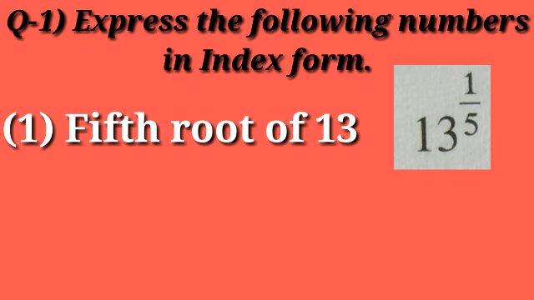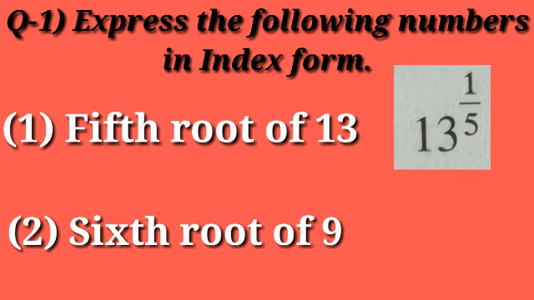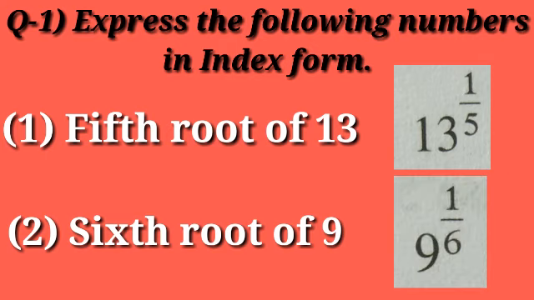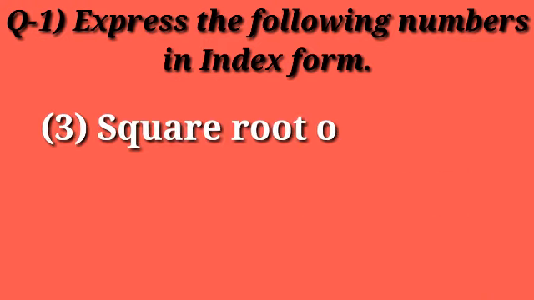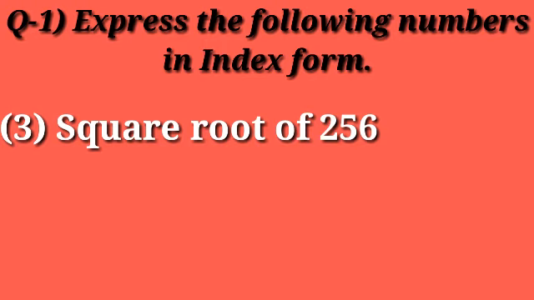See the next number now, 6th root of 9. Again 9 is the base and 6th root means 1 upon 6 is the index number. Let's move towards the third question now. Square root of 256.